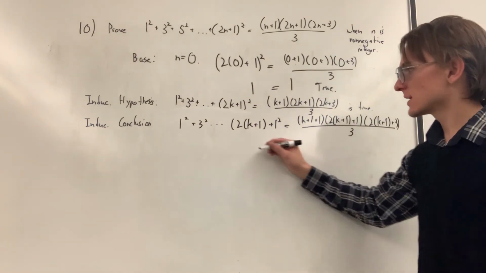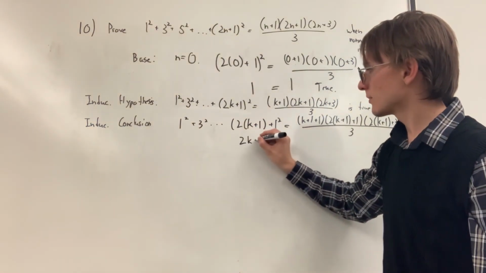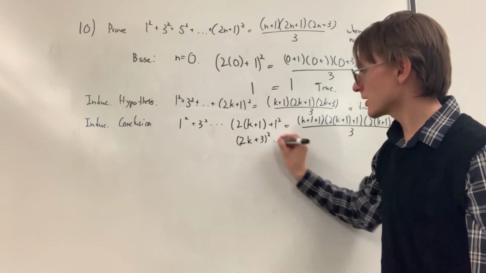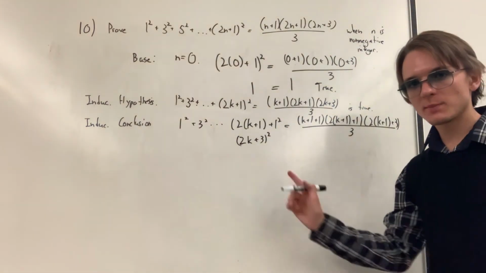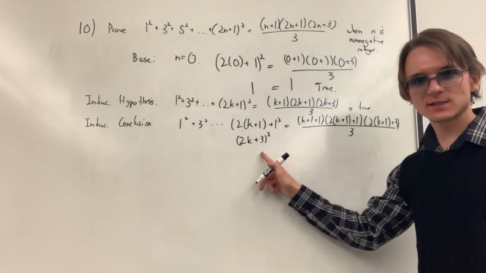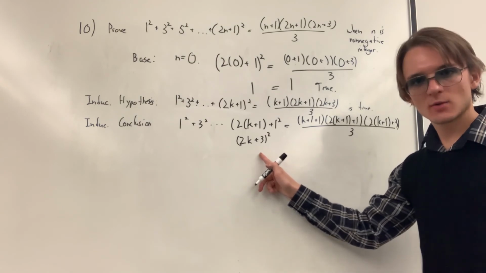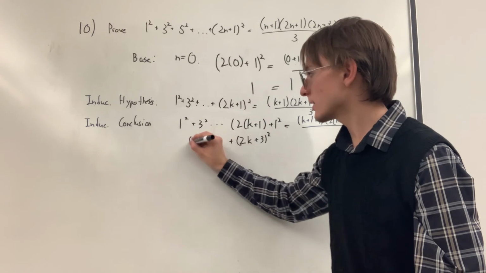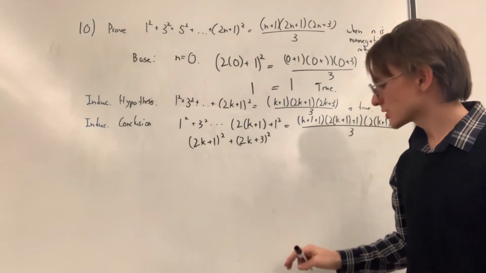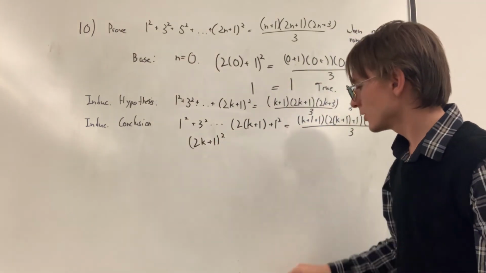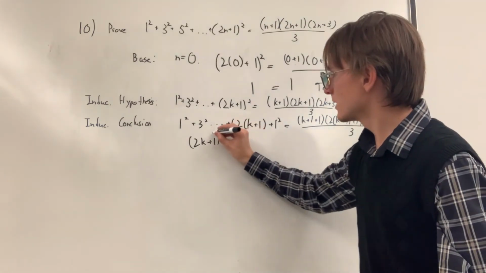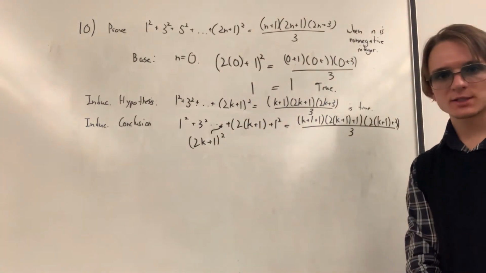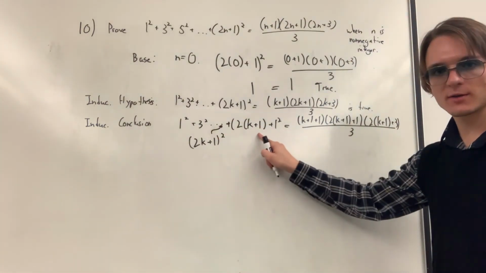We see that this is equal to (2k plus 3) squared. What would be right before this within the sequence? Right before it would be (2k plus 1) squared. So (2k plus 1) squared is right here within our sequence, right before this value here.